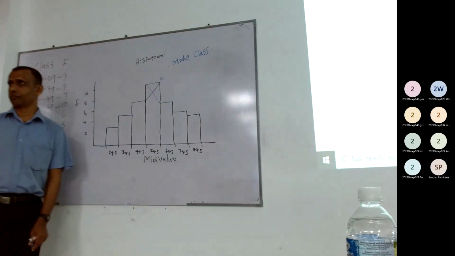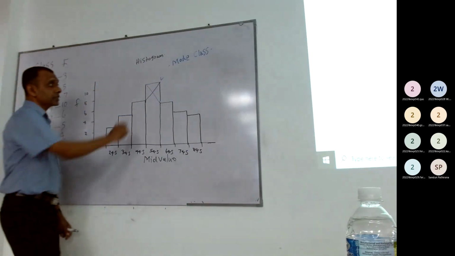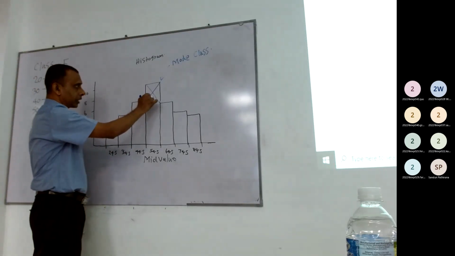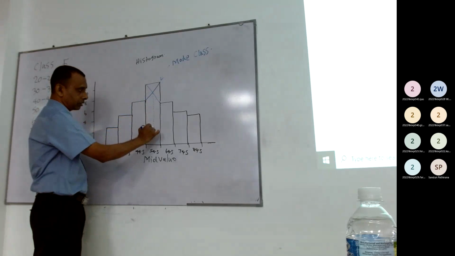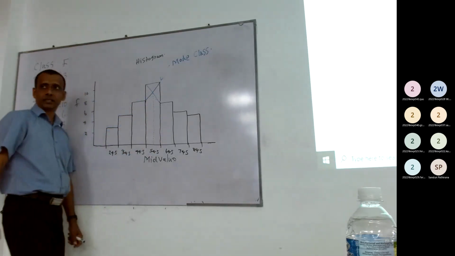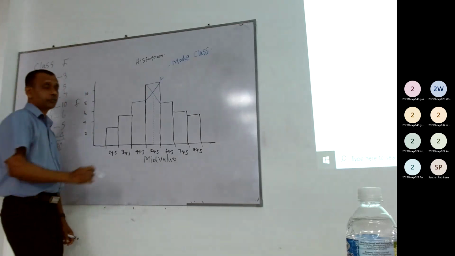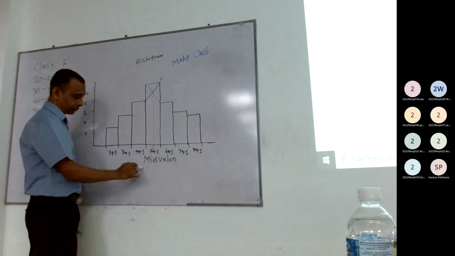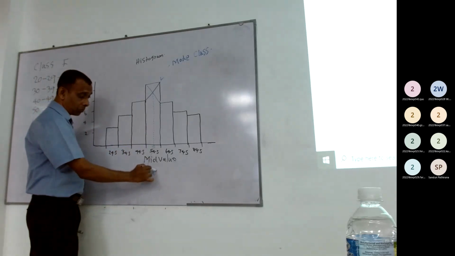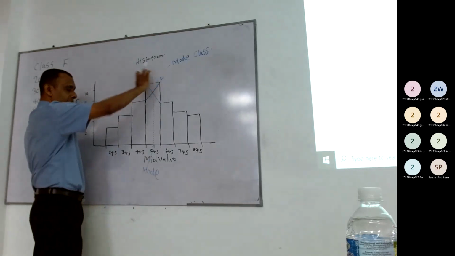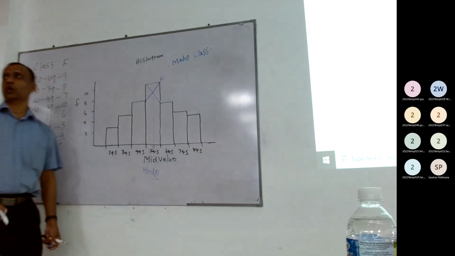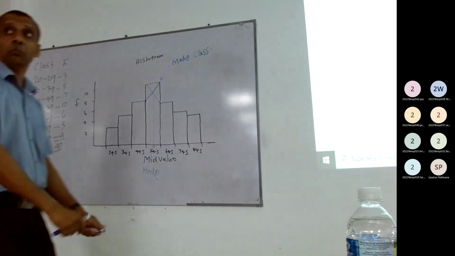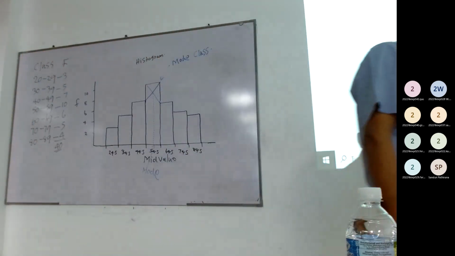These two, then you can see there is an intersection point. From that intersection point, you take a perpendicular line to the x-axis. Then it represents mode value. This is called mode.